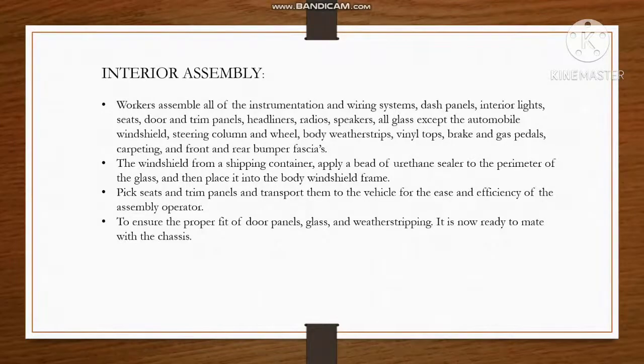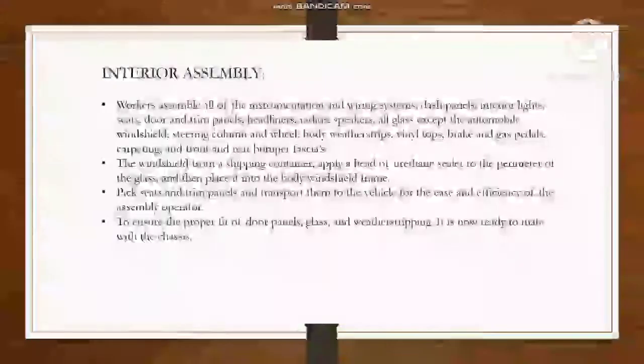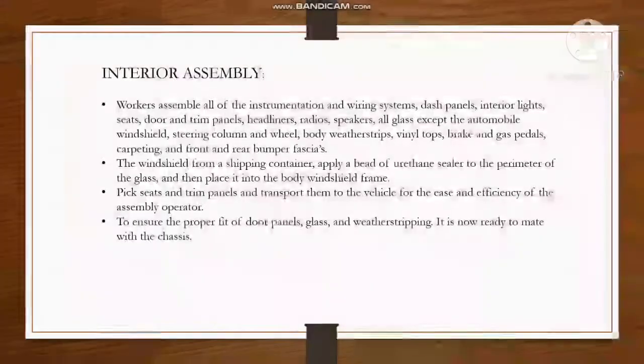The windshield is taken from a shipping container, a bead of iridescent sealer is applied to the perimeter of the glass, and it is then placed into the body windshield frame. Robots pick seats and trim panels and transport them to the vehicle for the ease and efficiency of the assembly operator.